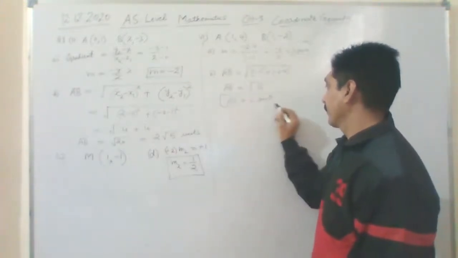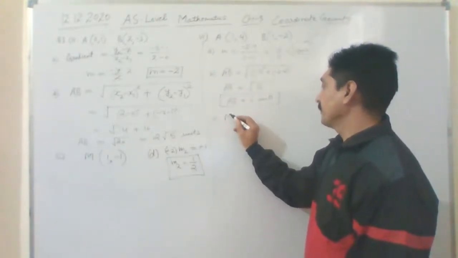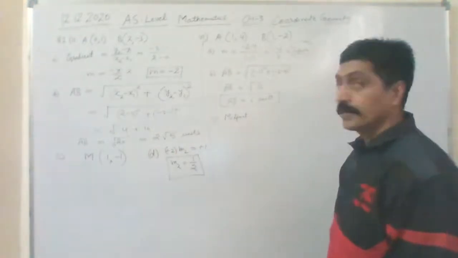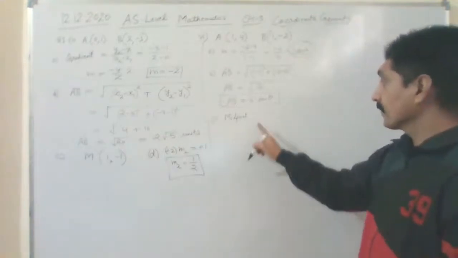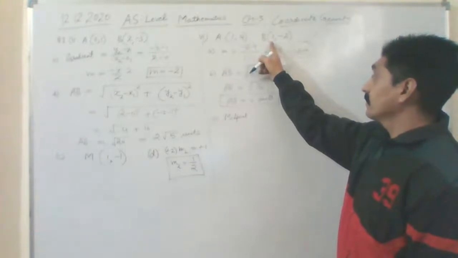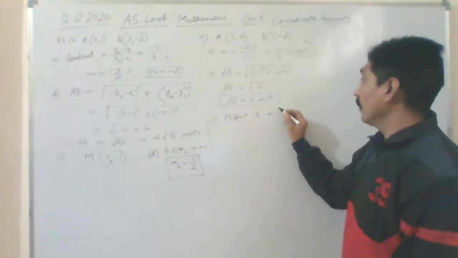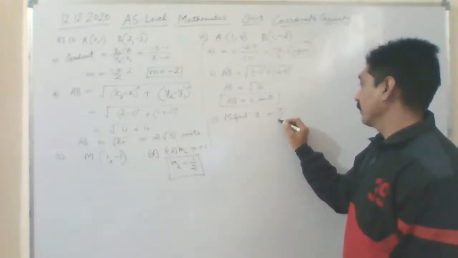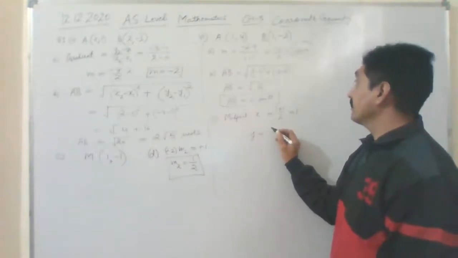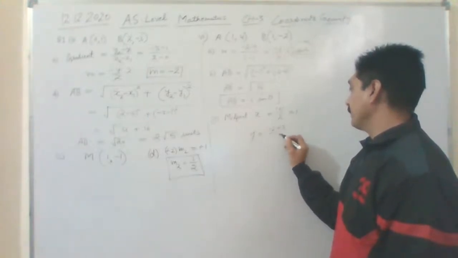Midpoint. So the midpoint of A and B. The coordinates of the midpoint: the abscissa is 1 plus 1 divided by 2, that is 1, and y is minus 2 plus 4 divided by 2.